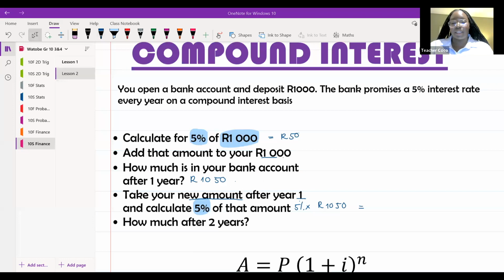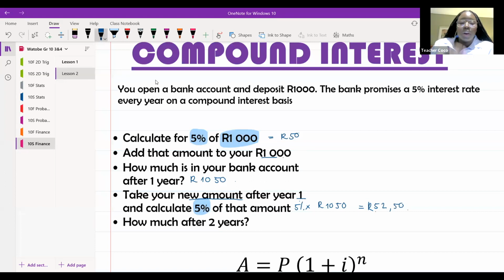Beautiful, Sia, that's it. I want everybody to understand where Sia got that amount. We're looking at 5% times 1,050. That's correct, Nico, and that should give us 52 Rand 50 cents.